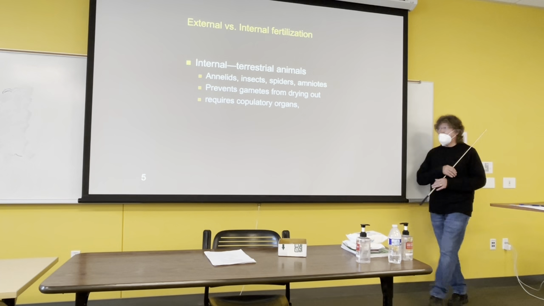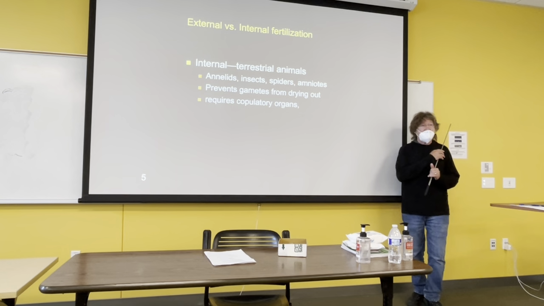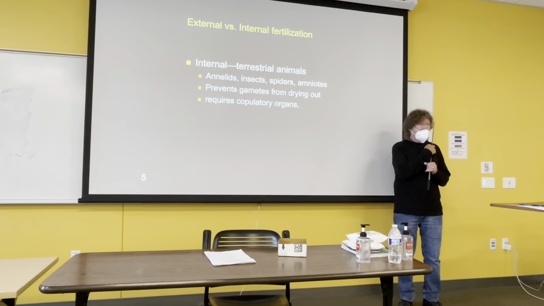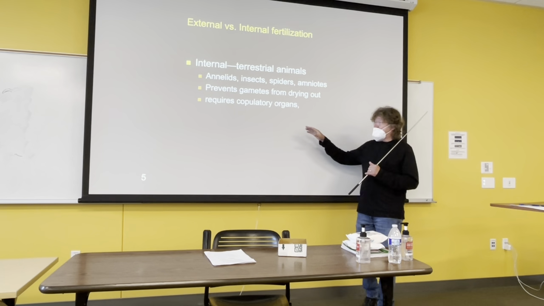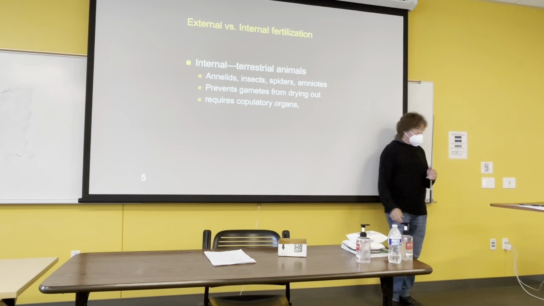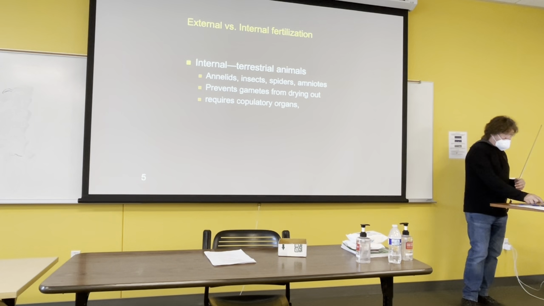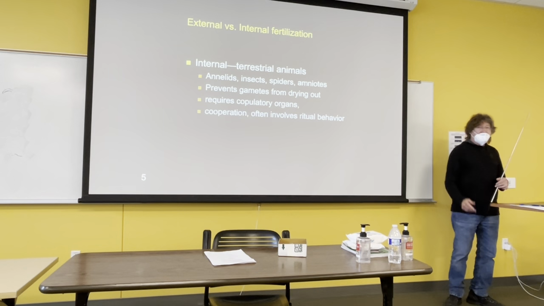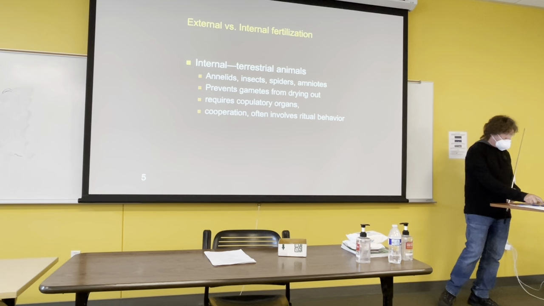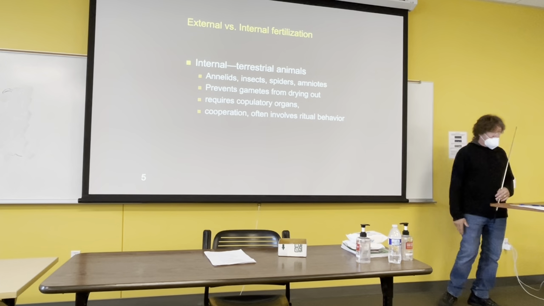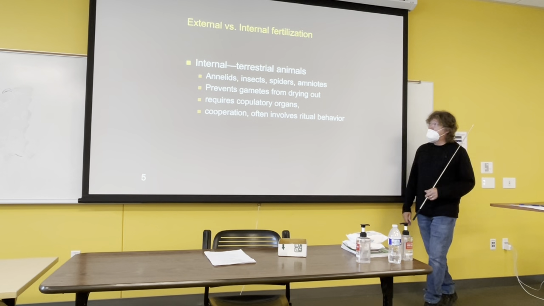And this requires not only copulatory organs, but a lot of times ritual behavior, that mating behavior that coordinates the activity of the two individuals in passing the sperm into the female.